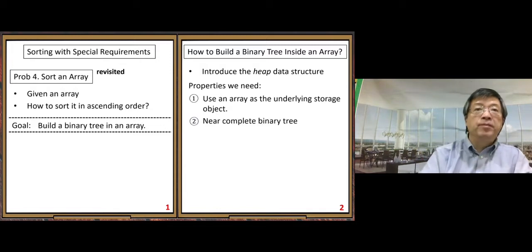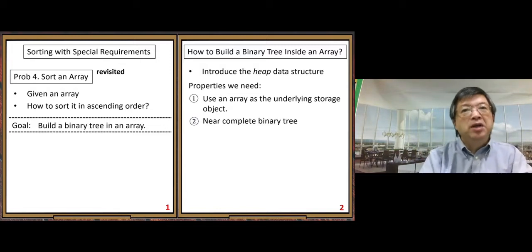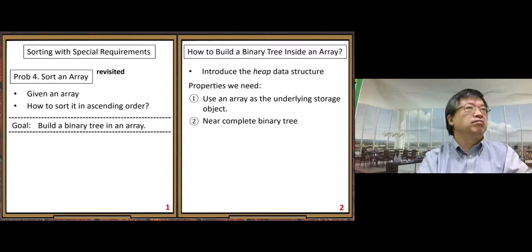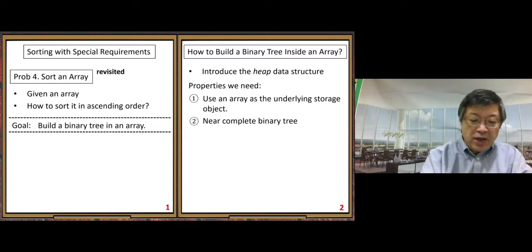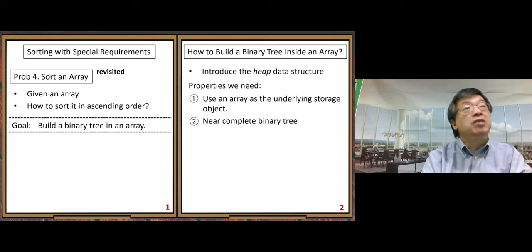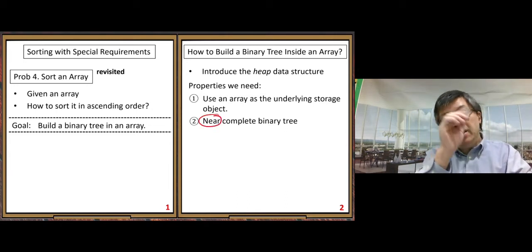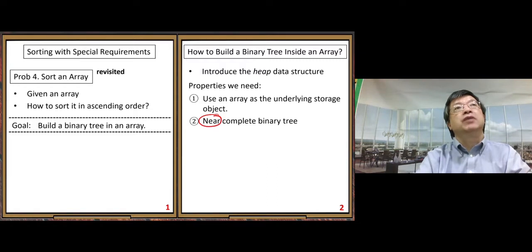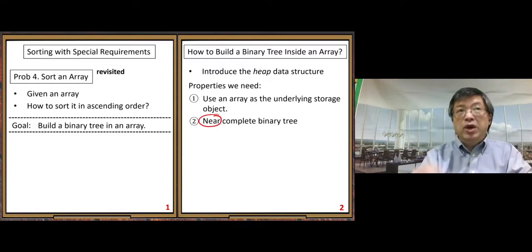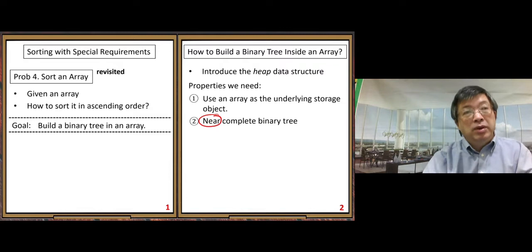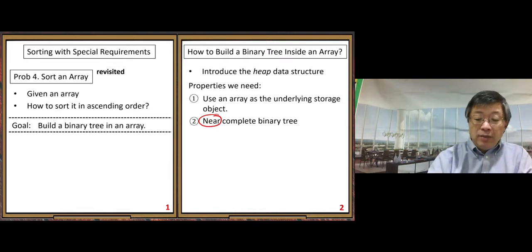The second one, near complete binary tree. So why near complete? So we know complete binary tree, right? But it's not complete binary tree, it's near complete binary tree. Because we cannot expect our heap is a complete binary tree. Why? Because the number of nodes in a complete binary tree is 2 to the k minus 1.